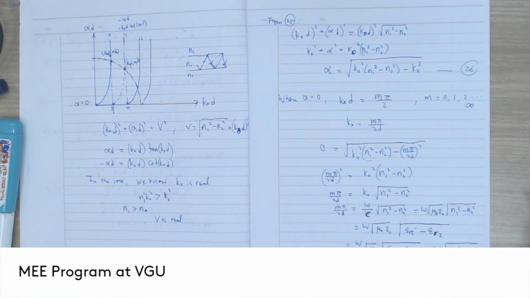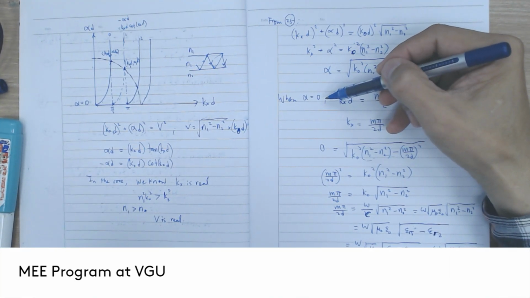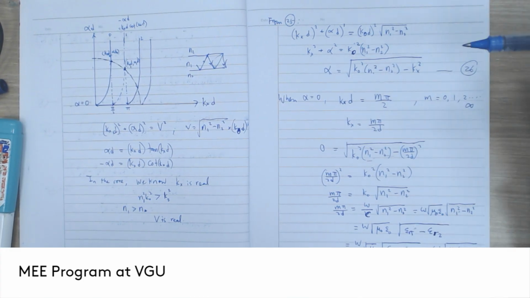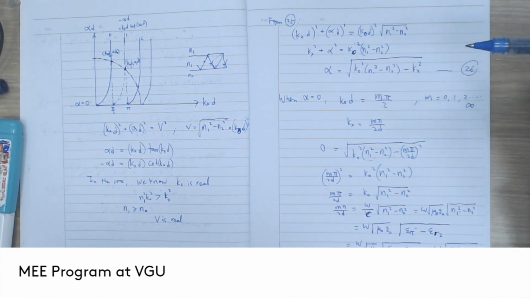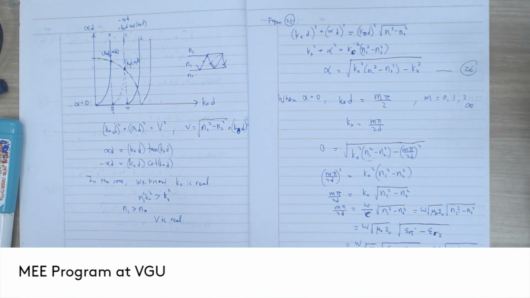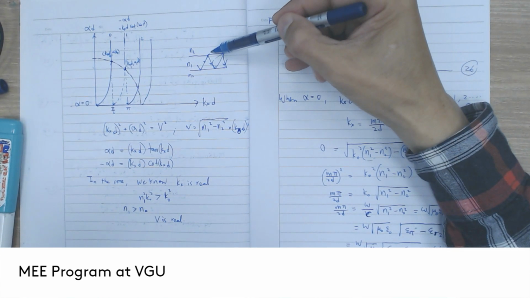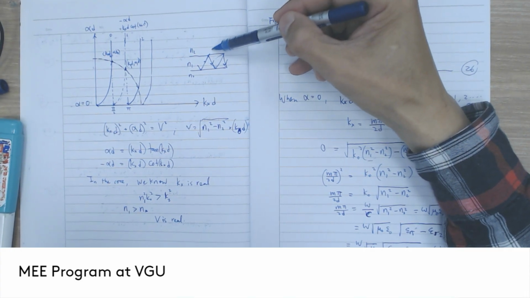So this is the frequency at which alpha is 0. The frequency at which alpha is 0 means the frequency at which there is no more decay. You know, when alpha is 0, there's no more absorption.